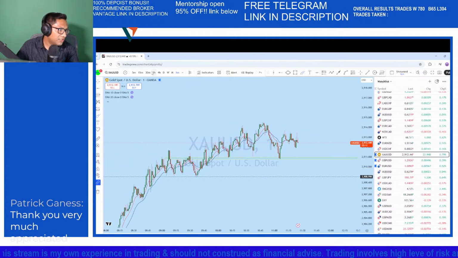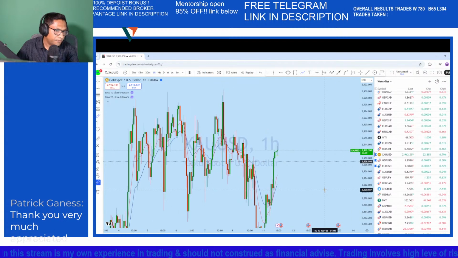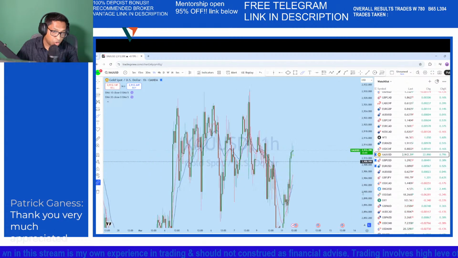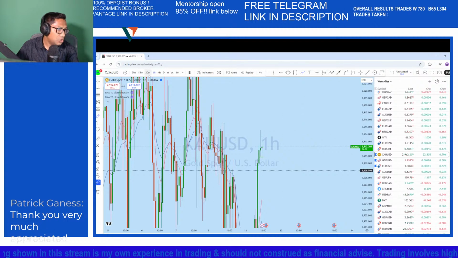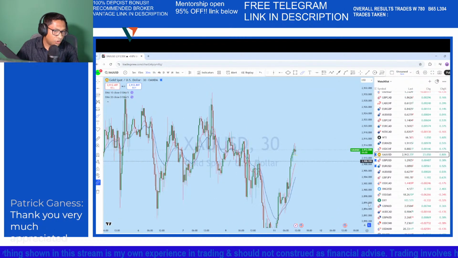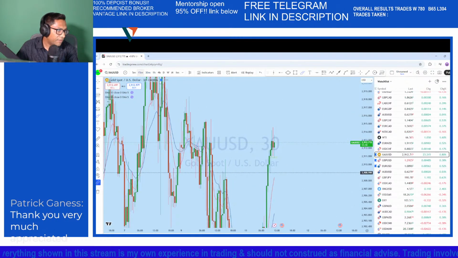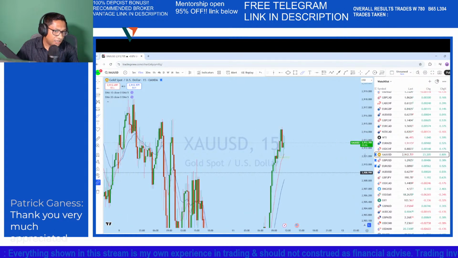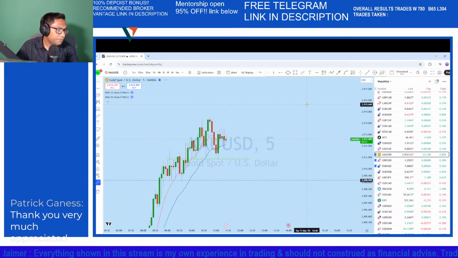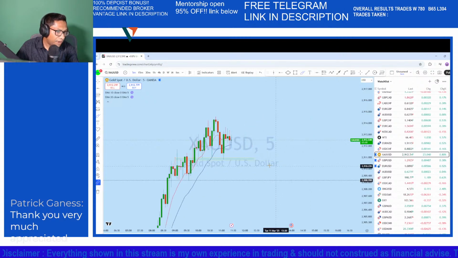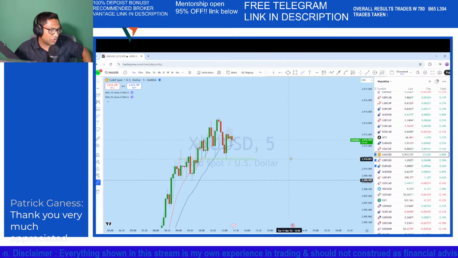And before we go to that, let's quickly look at the multi-time frame, which is very important to look at, guys. Keep in mind that multi-time frame analysis is the key to becoming a profitable trader. You can see that from the multi-time frame approach, XAUSD is currently in a very important zone here, and the market is trending.